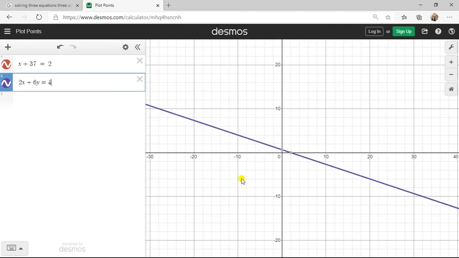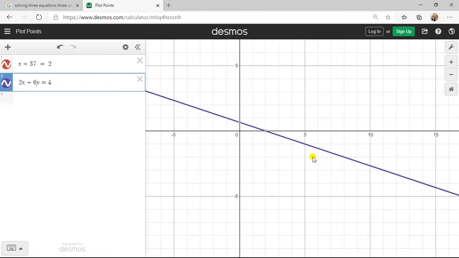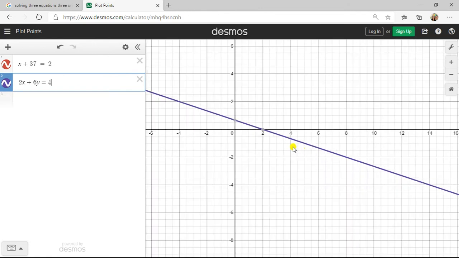As you notice, class, we only have one line even if I inputted two lines. The red line disappeared because the blue line is embedded in the red line. So you can see there are many intersections, meaning all the points along this line are the solutions of our system of equations.